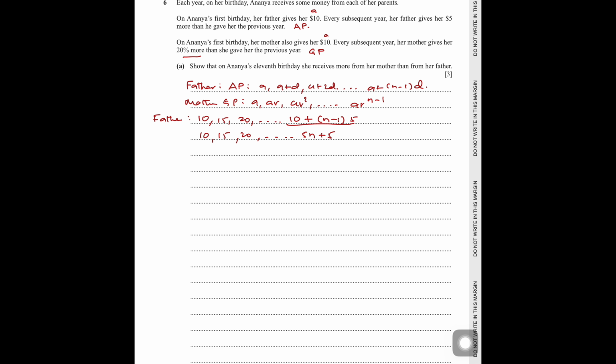All right. Mother, GP, A is 10. 20% more, so 100% plus 20%, 120%, which is 1.2. So second year she gets 1.2 times 10. Third year 1.2 squared times 10, and so on.